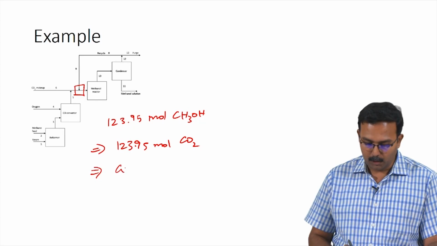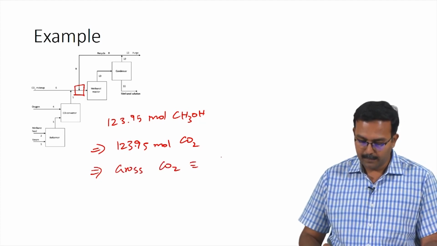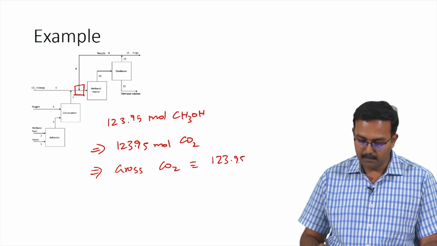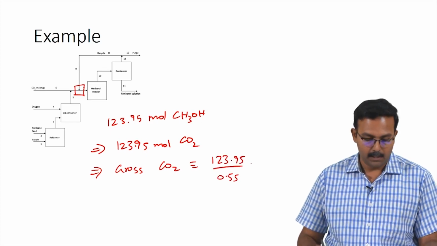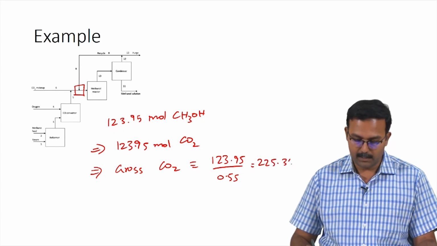So, gross CO2 entering would be 123.95 divided by 0.55, giving you a value of 225.36 moles.